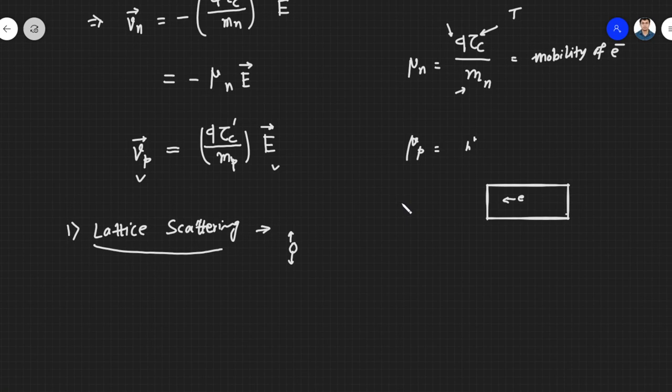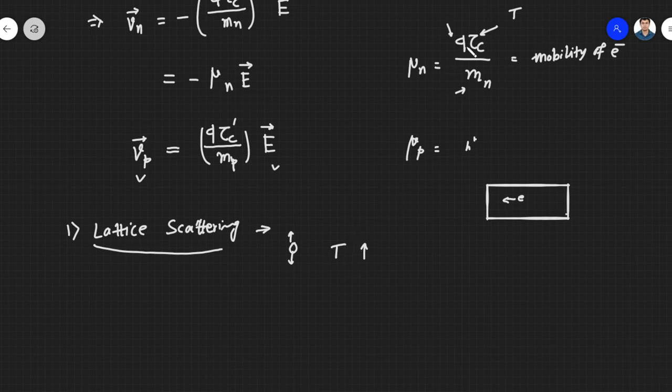As the temperature increases, let me take a condition that we are increasing the temperature. If you increase the temperature, the lattice vibration or the atom vibration increases, right? So the probability of collision with the atoms, this scattering phenomenon, will increase.